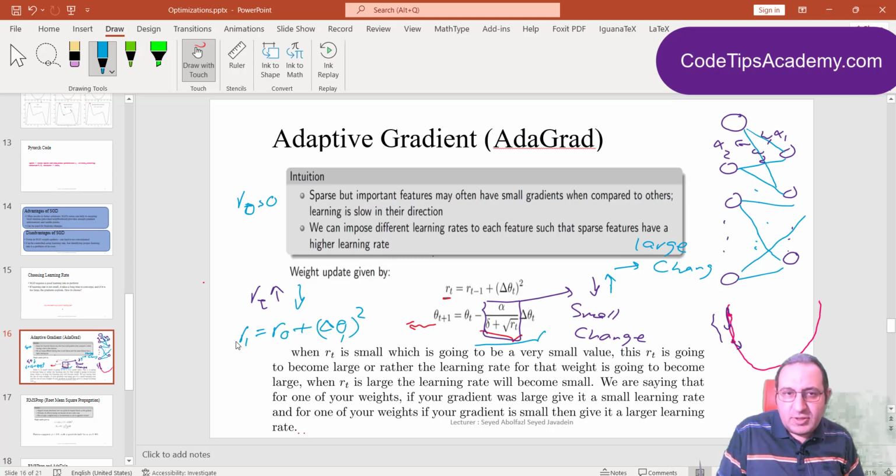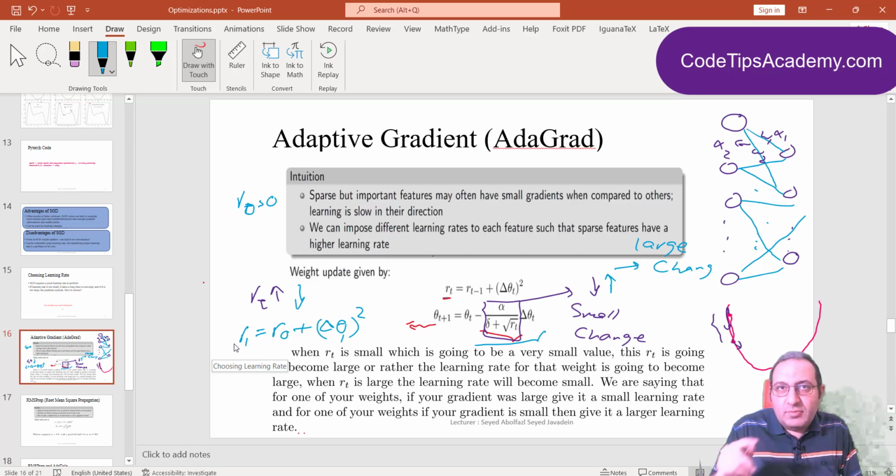This means, for example, in the first step, we have a small R1. Why? Because R1 is only the change in weight plus R0. But what is R2? R2 will be R1 plus changes in the weight.